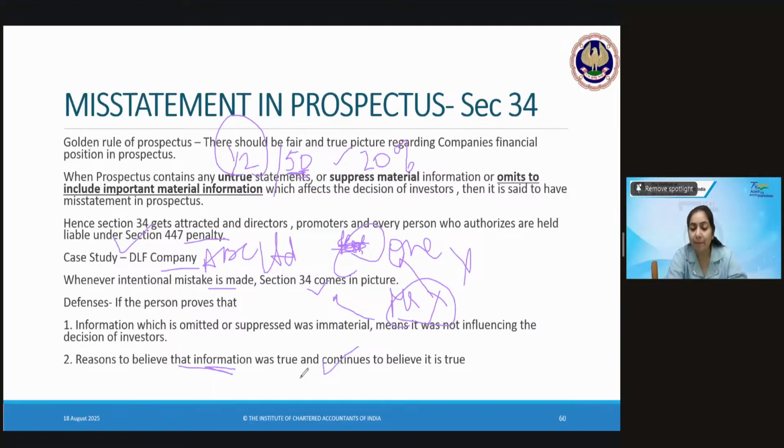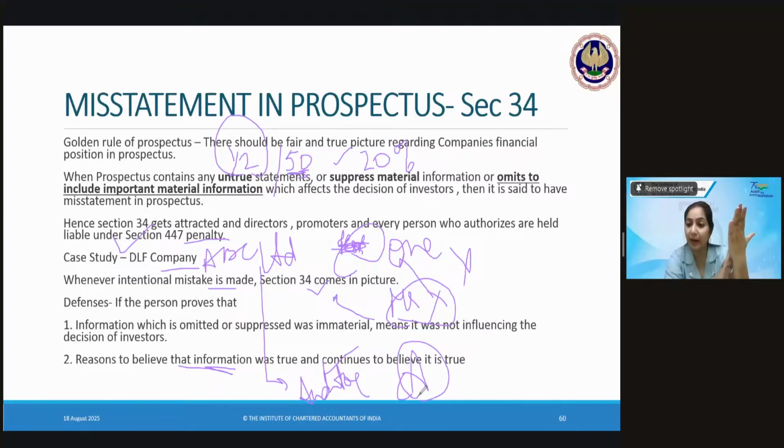Another defense is if I had reasons to believe that the information was true and I continue to believe. Say, for example, ABC Limited Company has relied on its auditor's report. Who does the audit? A CA does. Tomorrow when you become a chartered accountant, the CA audits the company. So audit report is made by a chartered accountant who is a professional. Now, I am the member of ABC Limited and I said, Chartered Accountant, Mr. B, please finalize my company's audit report.